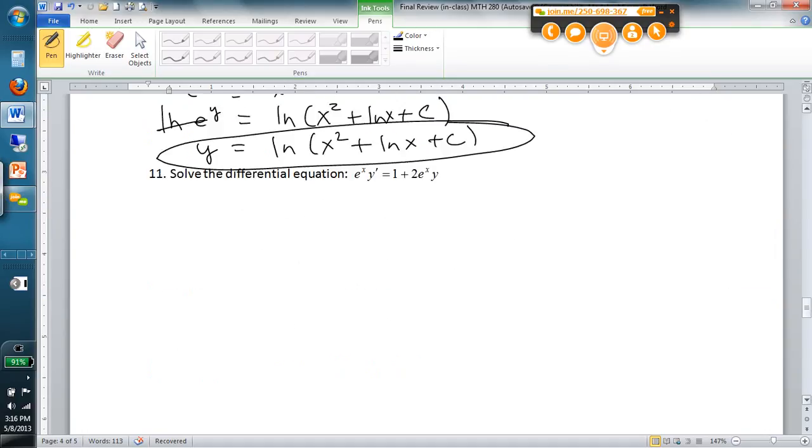Number 11, though, is the other variety. That is not separable. If I tried to separate that, I'd just have a big mess. This is a first-order linear differential equation. Now, the preferred format of a first-order linear differential equation is what? y prime by itself plus some function of x, p of x, times y equals some function of x on the other side.